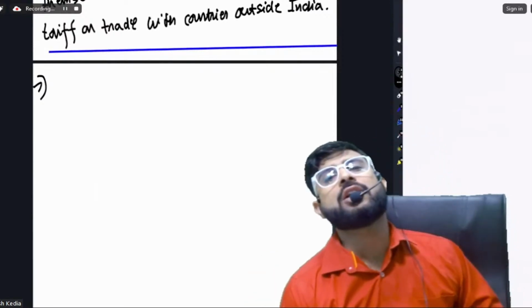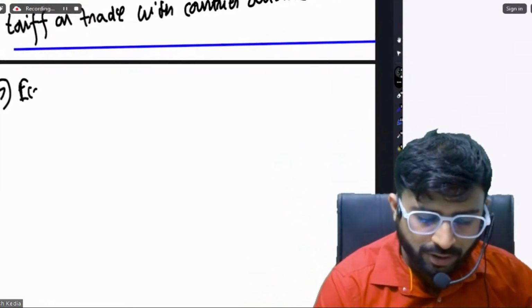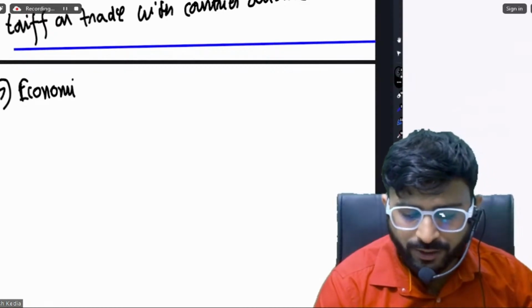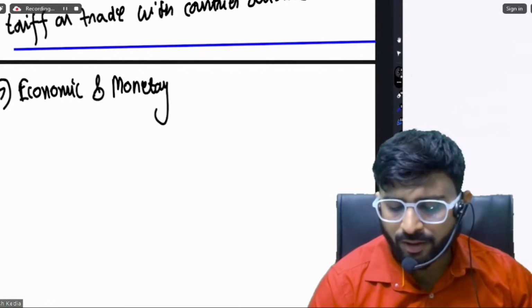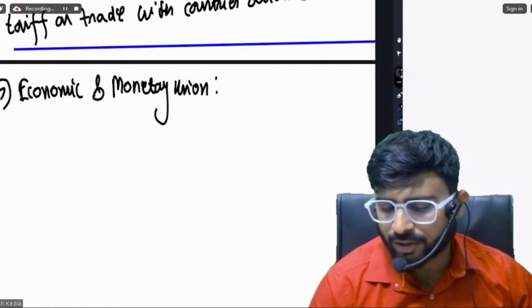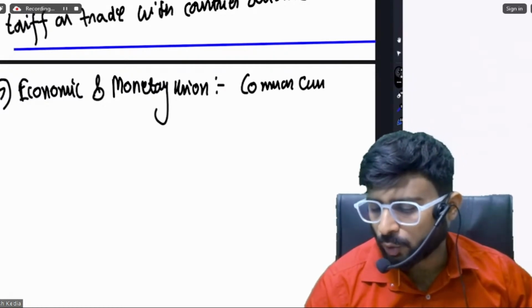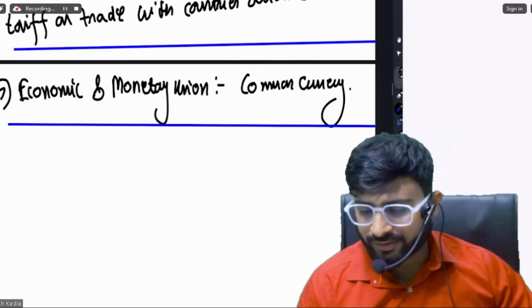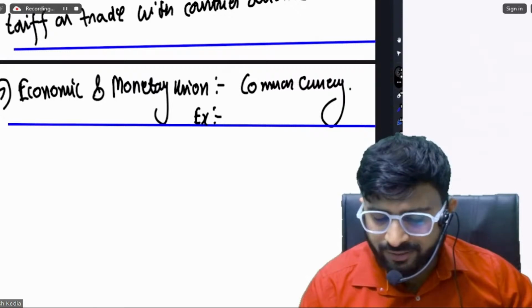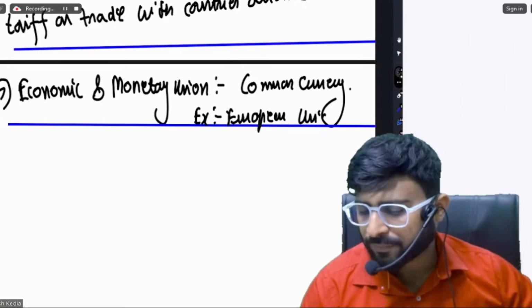What is Economic and Monetary Union? Common currency, that's it. That is what you need to know and understand. Hopefully it's crystal clear, everyone. For example, the European Union.